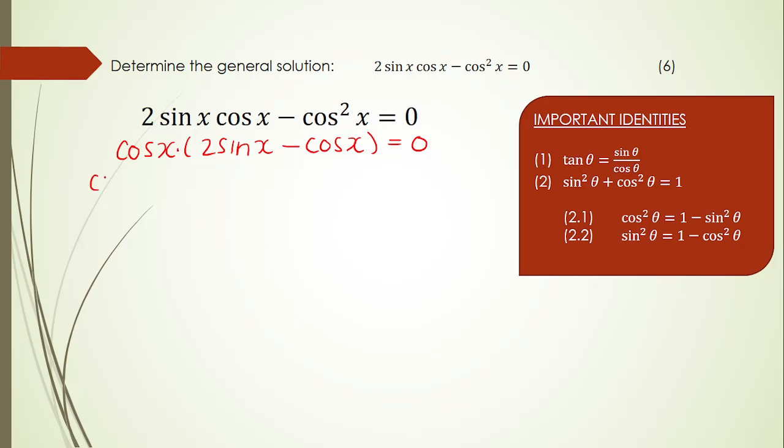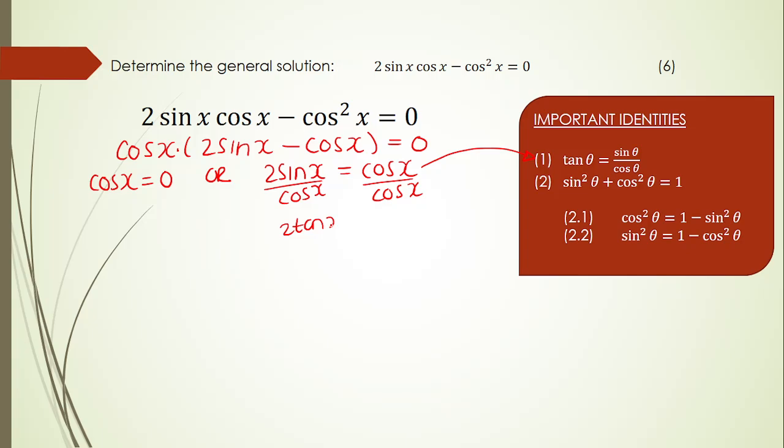There's that. So I've got cos of x is equal to 0, or 2 sine x is equal to cos of x. The situation is the tan ones. So if I divide both sides by cos, I'm going to get 2 tan of x is equal to 1, and then tan of x is equal to a half.